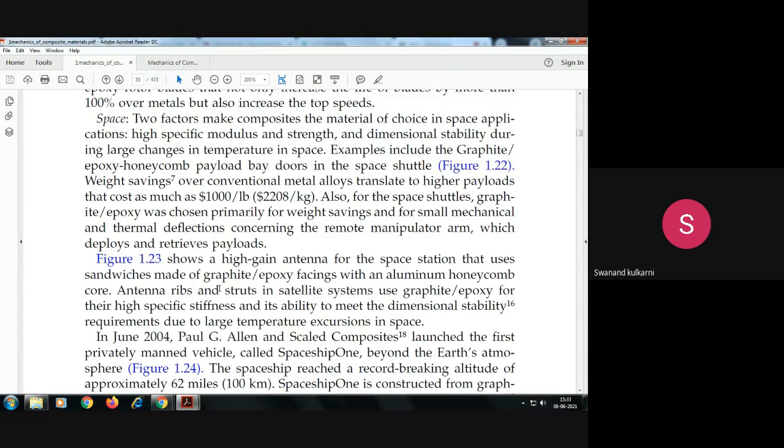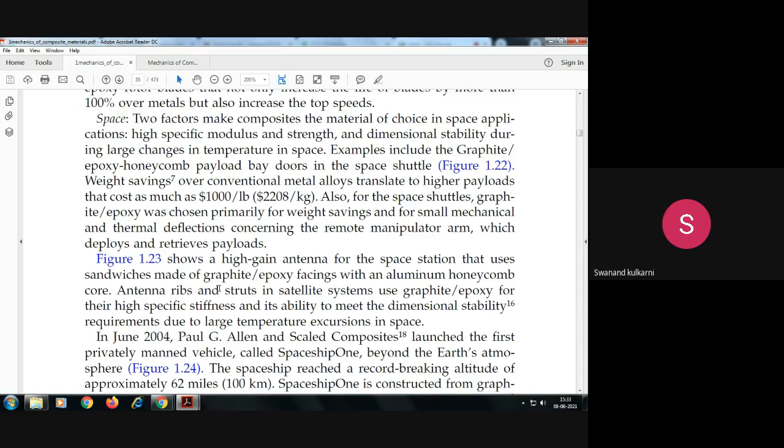Is it okay? The polymer matrix composites have one more advantage of dimensional stability also. Means coefficient of expansion with reference to temperature, contraction and expansion.